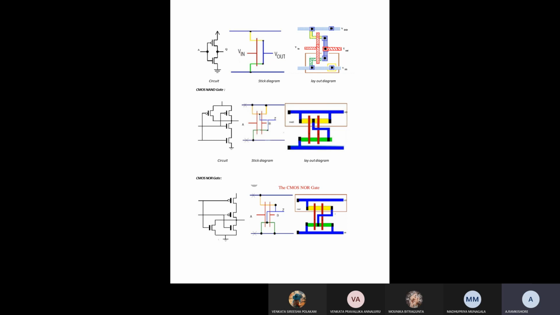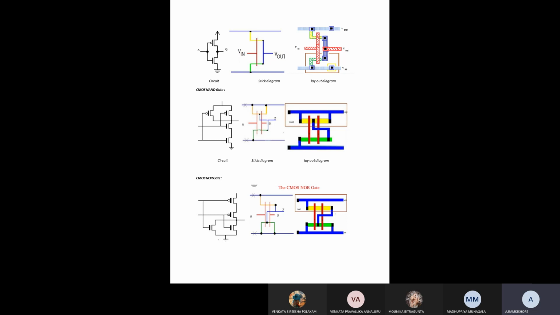So that is the stick diagram. Otherwise, we have to draw this same diagram: we draw the yellow line slightly, and in between the yellow line and the blue line we make a contact, that means a metal contact between the blue and yellow.